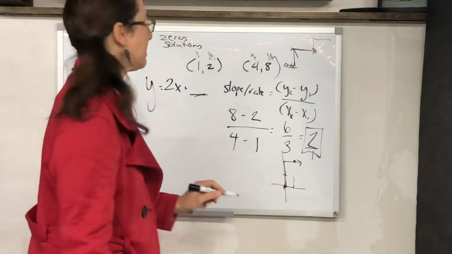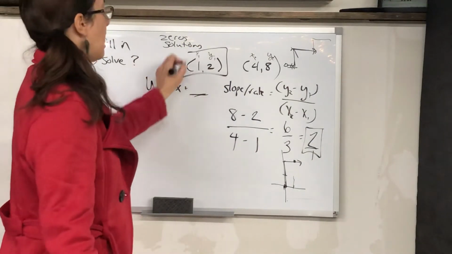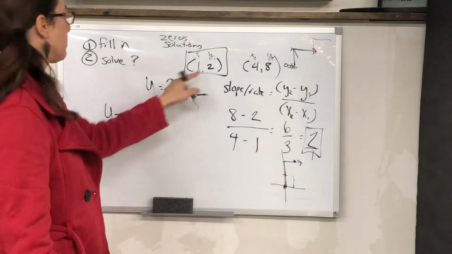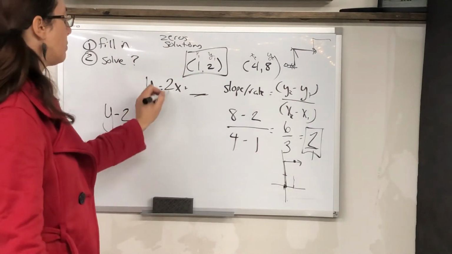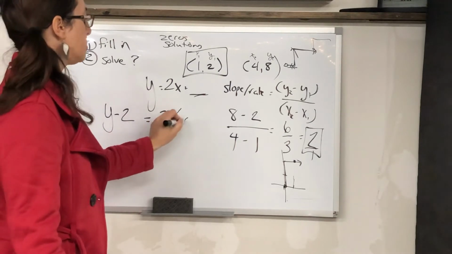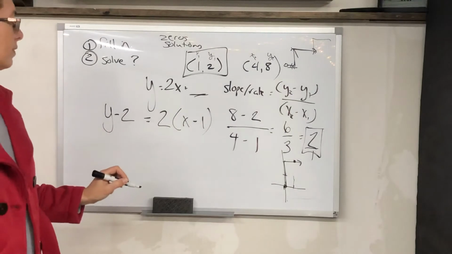It might be the origin. Or we're going to plug it into that point slope form. I like taking the smallest one. So we're going to do y minus our first y term. We know our slope is 2, and then we've got x minus our first x term, and then we're going to solve. Okay?